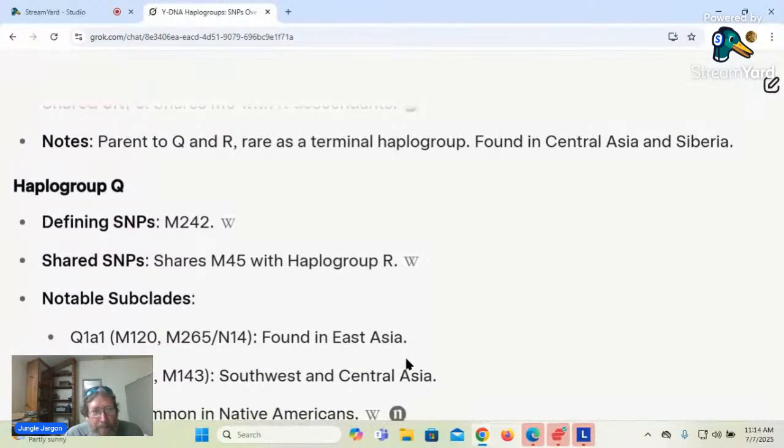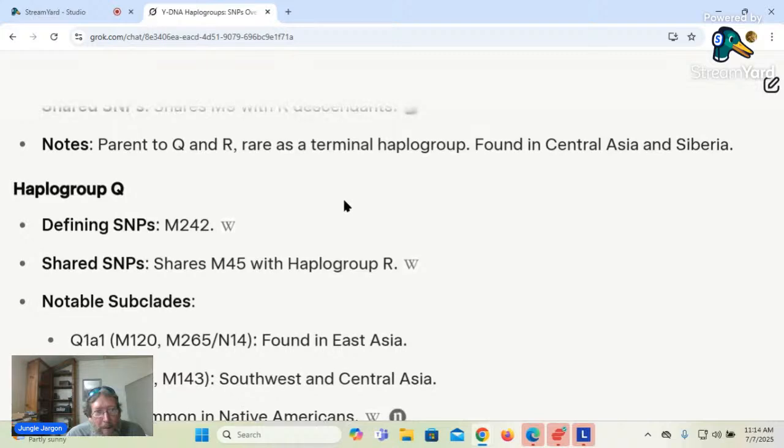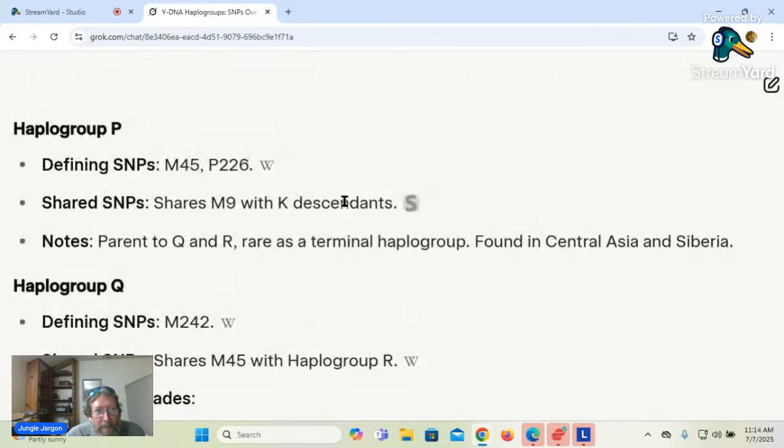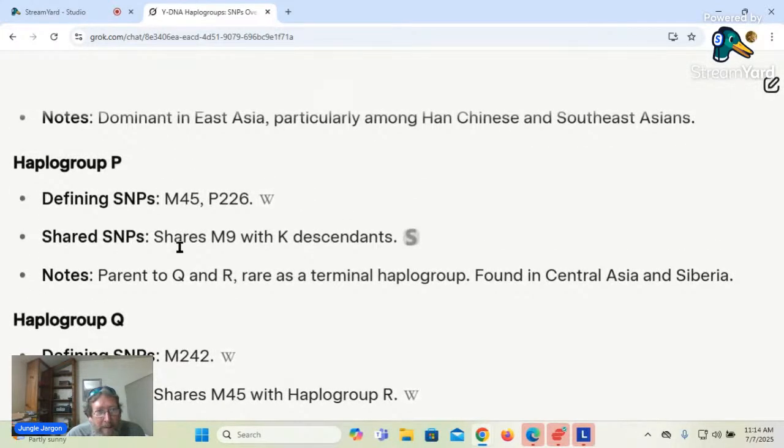Now, the shared marker doesn't have M9 for Q. Why doesn't it have M9 for Q? I think it shares M9 with K descendants.